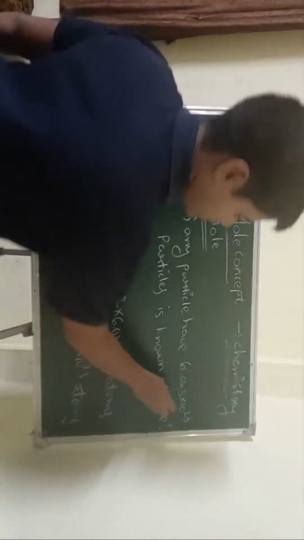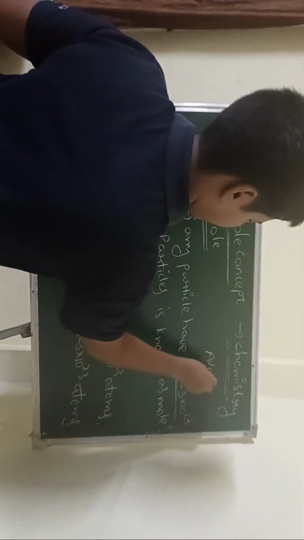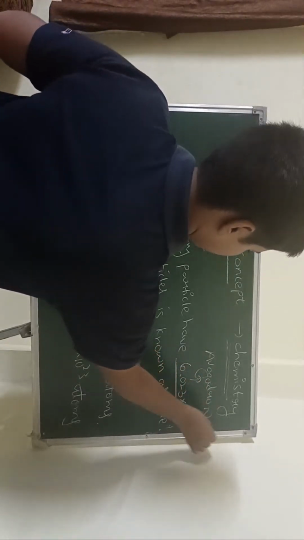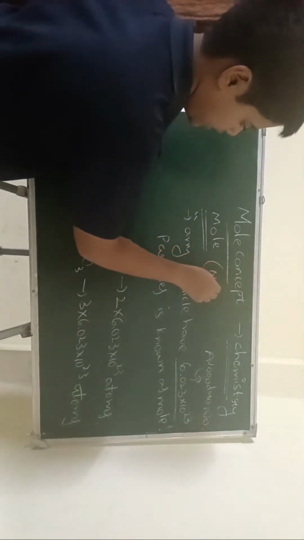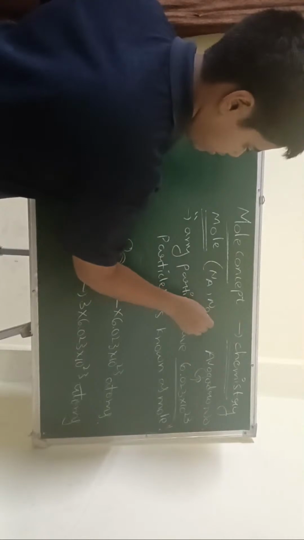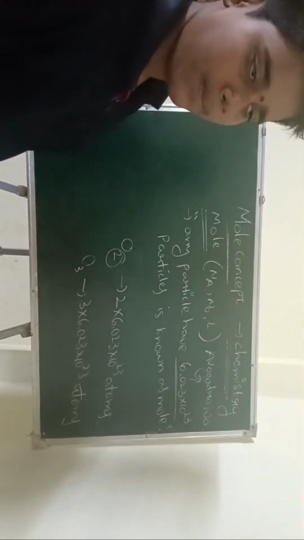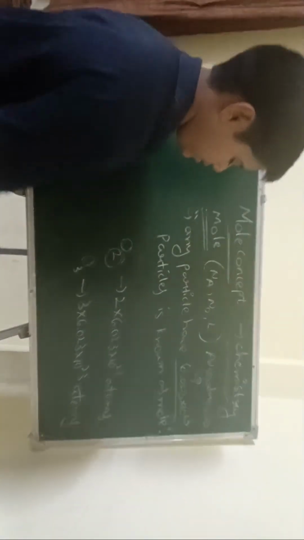This number is also known as Avogadro number, and it is represented as Na or N0 or L. So this is mole.